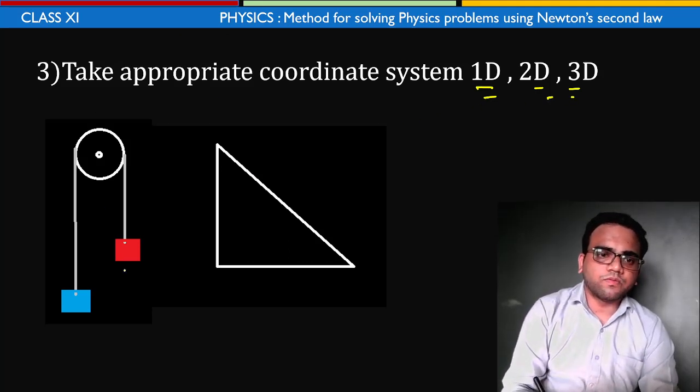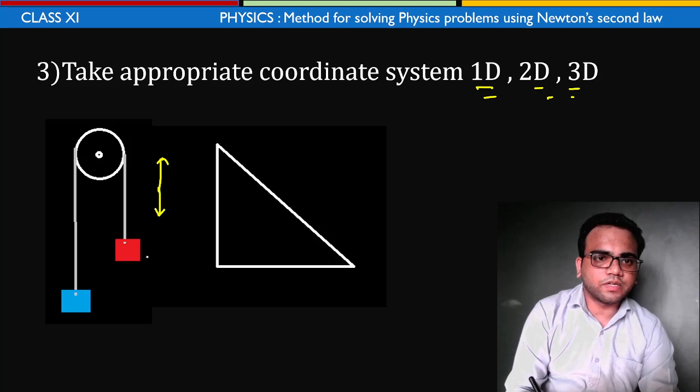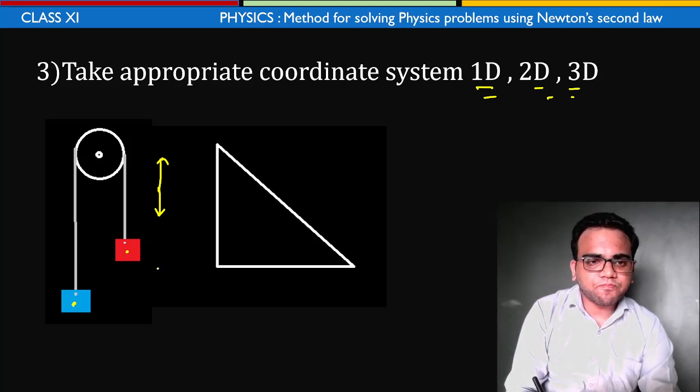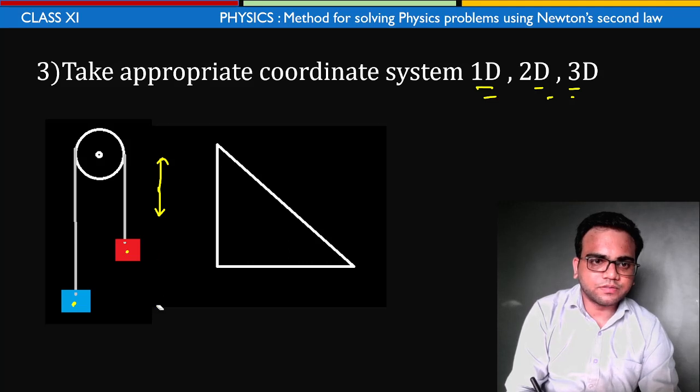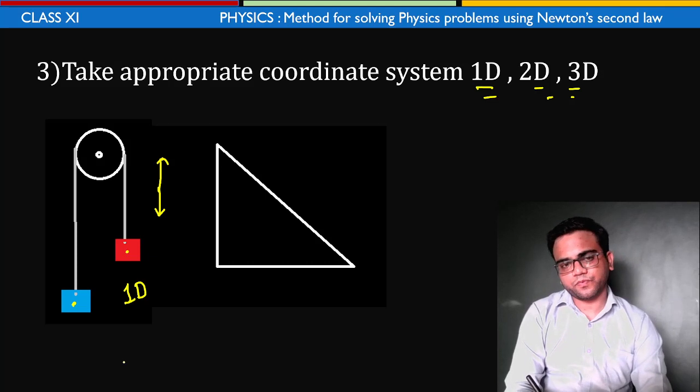For our problem the block can move either upward or downward, so the motion of the two blocks will be upward and downward. We can say these two blocks will move in only one dimension, 1D. They can move only in 1D.